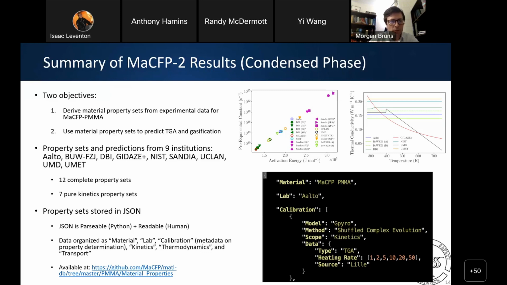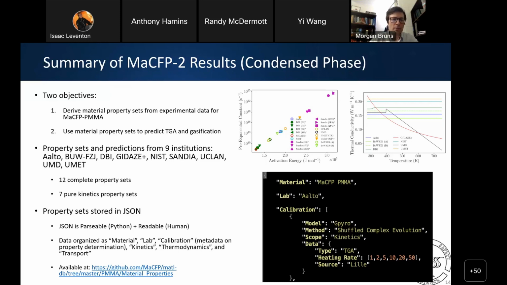So we had really good participation. We had property sets delivered from 9 different institutions from various places around the world. We received 12 complete property sets. And by complete, I mean that they would have everything that you would need to incorporate into a fire model to predict the pyrolysis and heat transfer in this material.